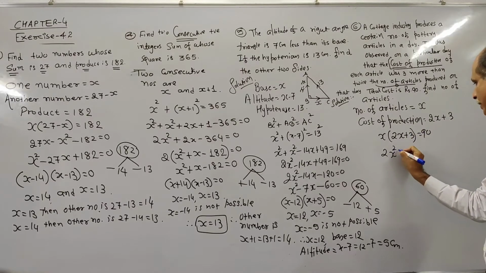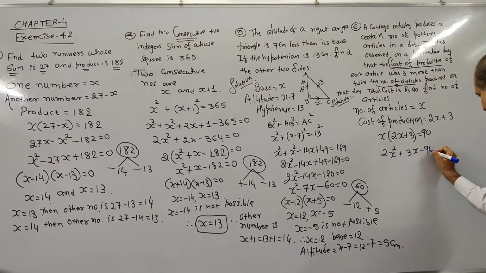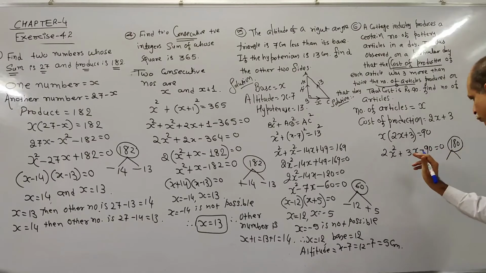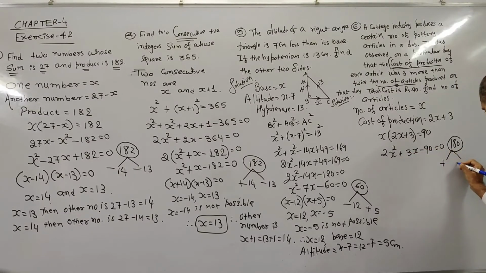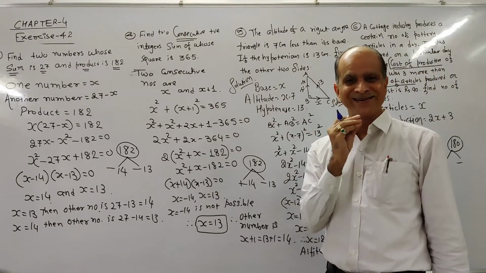So 2x square plus 3x minus 90 is equal to 0. So 2 times 90 is 180. We have to factorize 180 such that the subtraction should be 3.